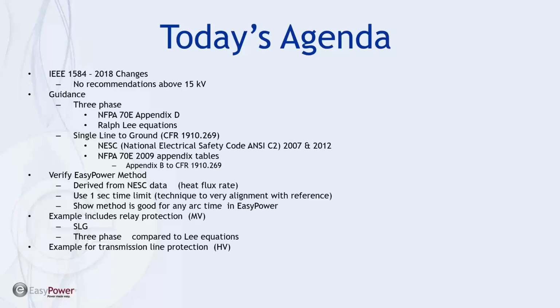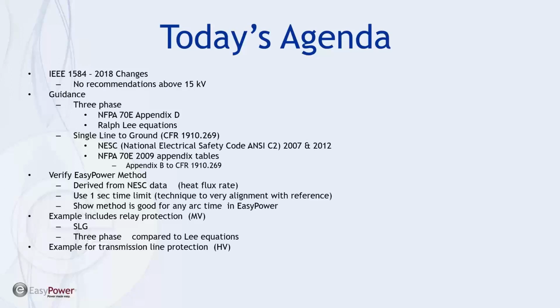Then in the single line to ground realm, there is a fair amount of detail from the National Electrical Safety Code, which is IEEE C2, and there have been updates in 2007, 2009 and 2012, and some of that includes tables that were published in 2009 in the NFPA 70E version, and again, they are included in OSHA regulations.